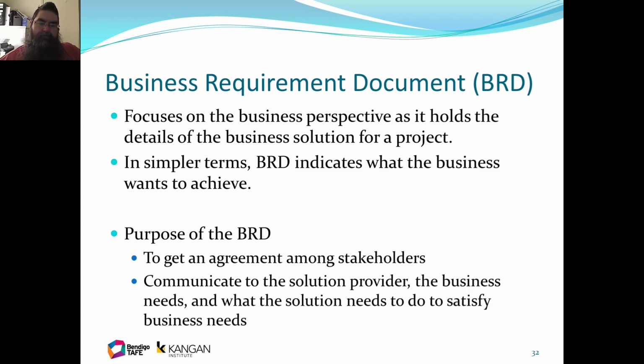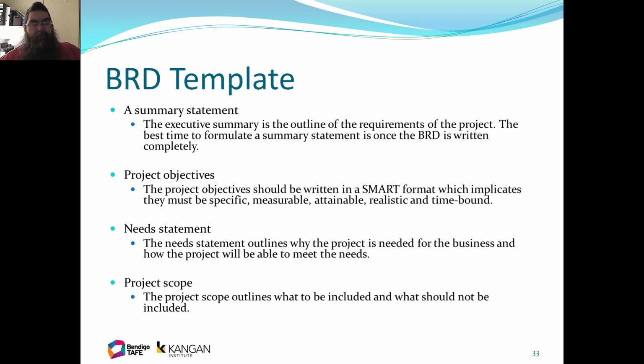So the requirements document is to get agreement among the stakeholders, communicate the solution to any service providers of the business needs, and what they need to do to achieve those business needs and get paid for the project.